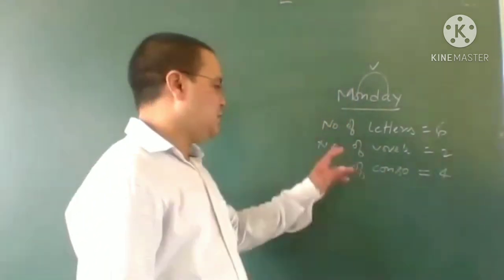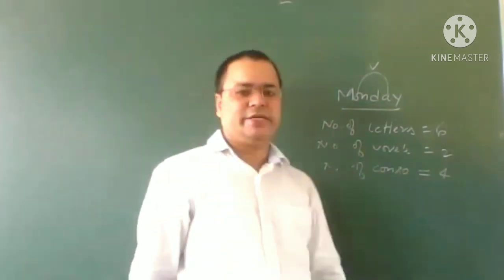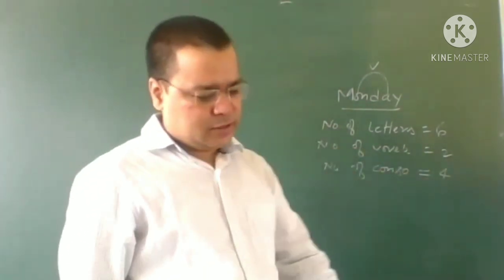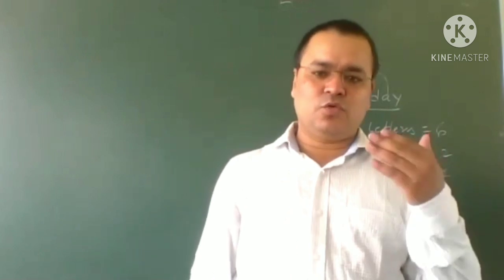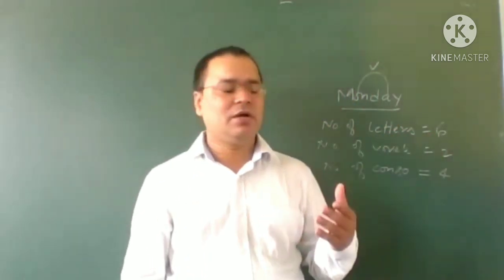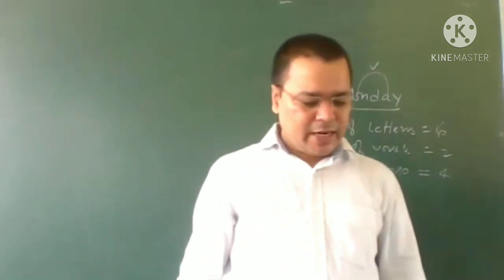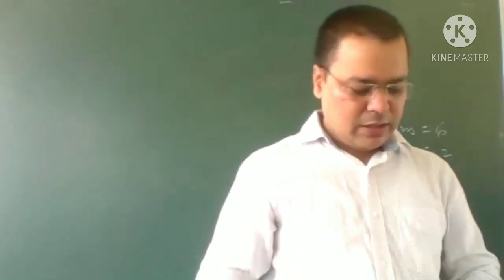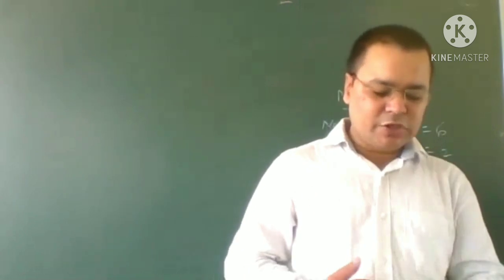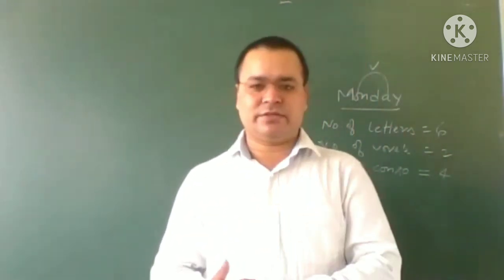Here I am writing number of vowels and number of consonants because in some questions, the question is basically related to the number of vowels and consonants also. So there are 6 letters in which 2 are vowels and 4 are consonants.